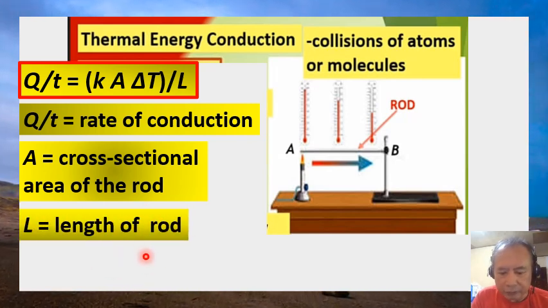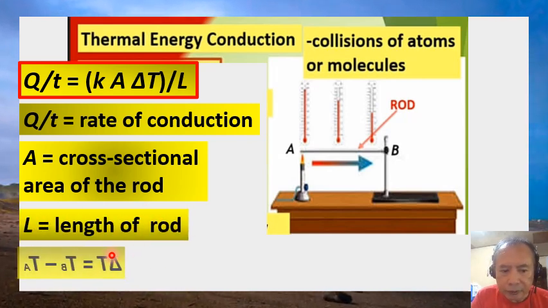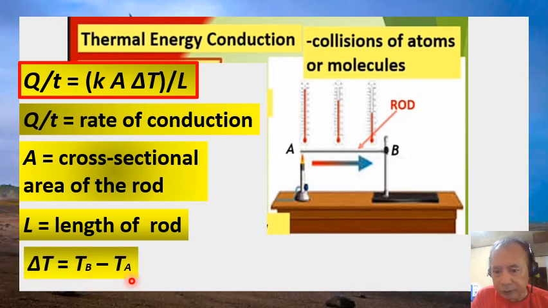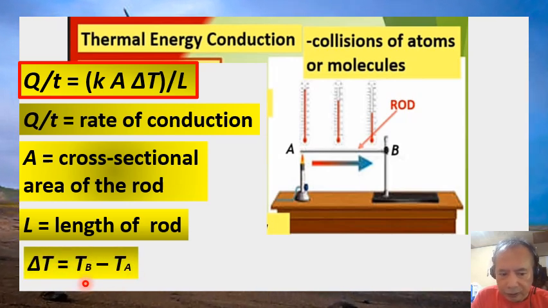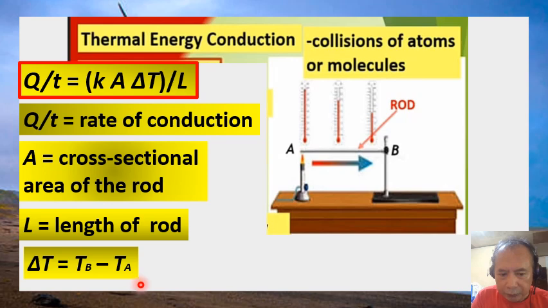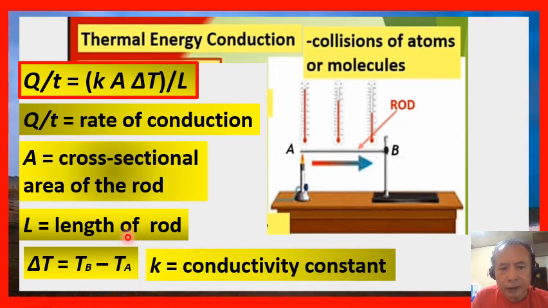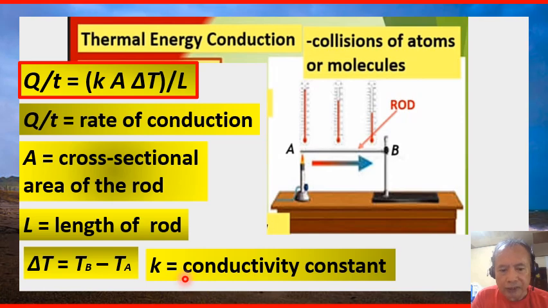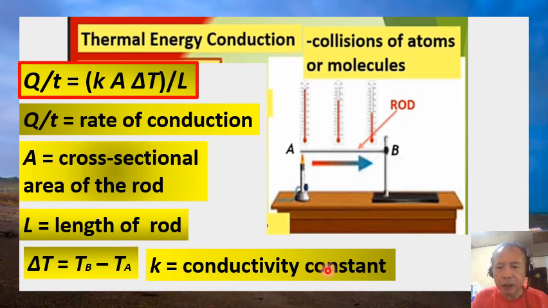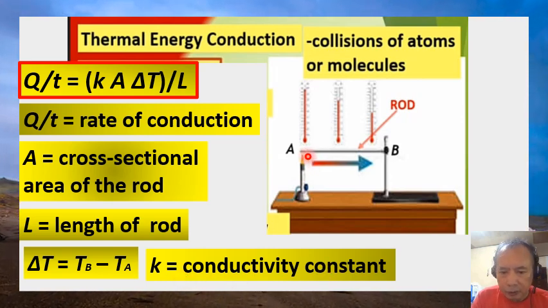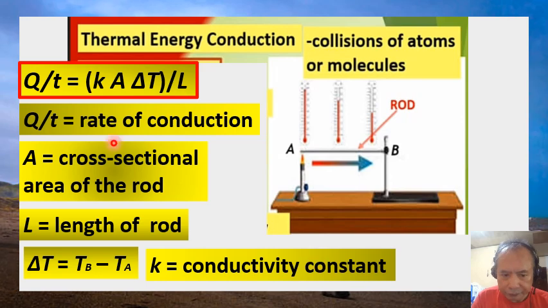Capital L is the length of the rod. Delta T is the change in temperature, that is, T sub B minus T sub A. And small k is the constant known as the thermal conductivity constant of the conducting material.